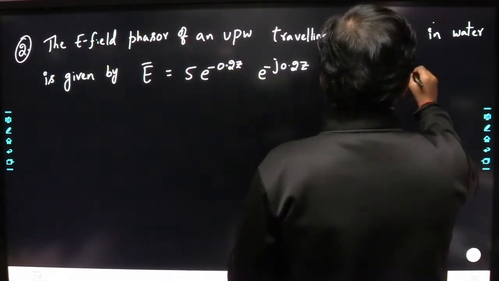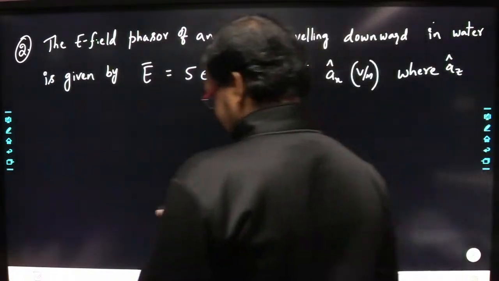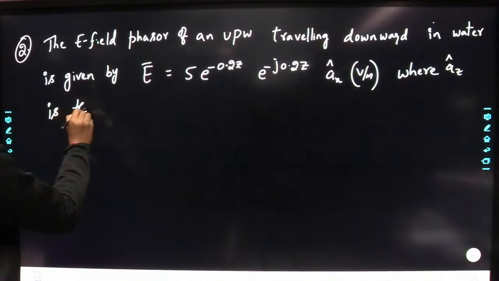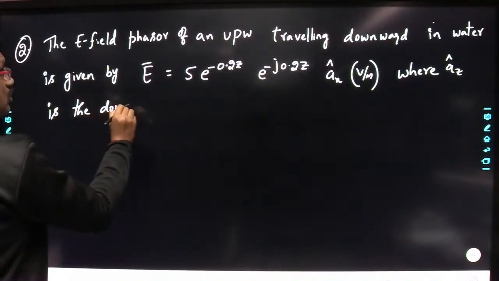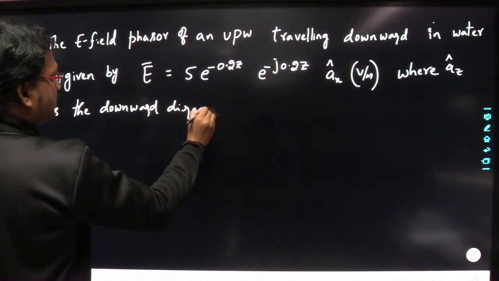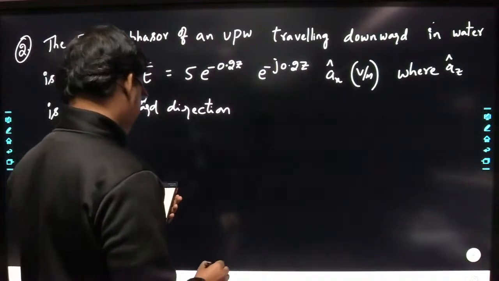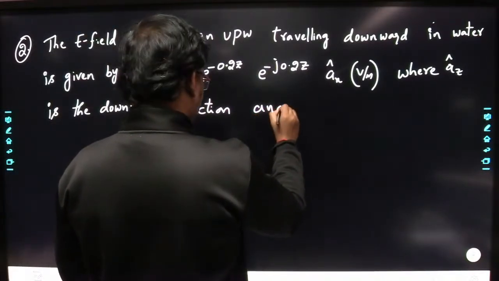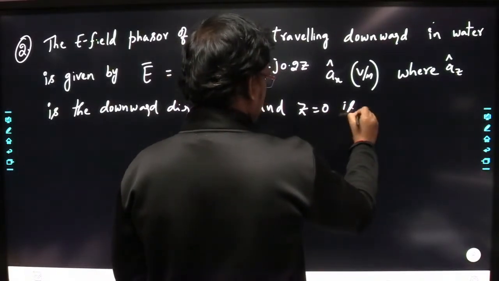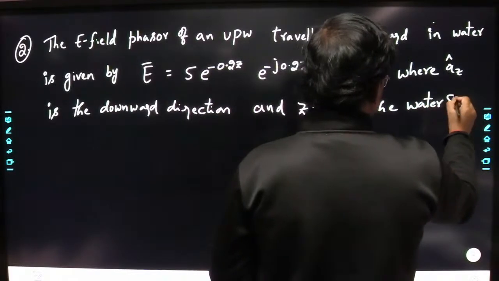Where az cap is the downward direction, and z equal to 0 is the water surface.